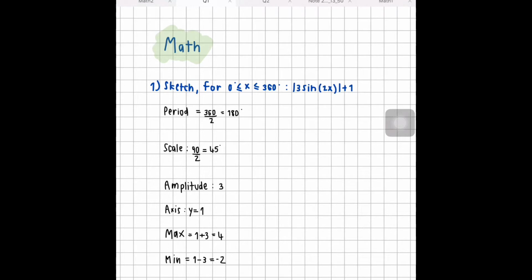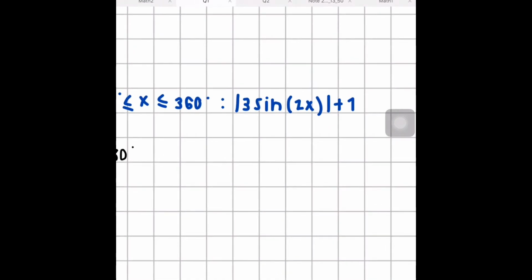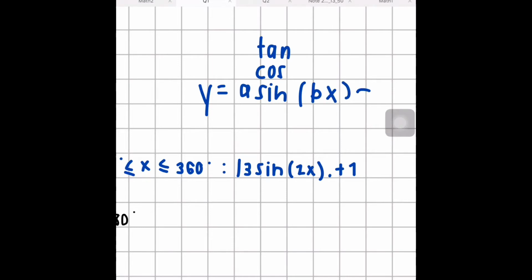It asks to sketch, for 0 less than or equal to x less than or equal to 360, the equation absolute 3 sine of 2x plus 1. First, you have to know that the basic formula of a trig graph is y equal to a sine, cos or tan of bx plus c.